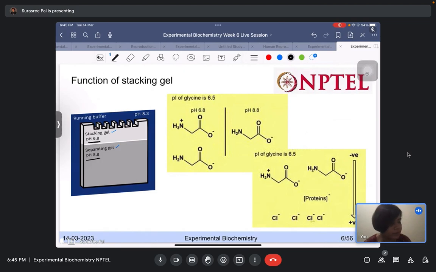What is this buffer here? The buffer is Tris-HCl. The stacking gel has a pH of 6.8, whereas the separating gel has a pH of 8.8.